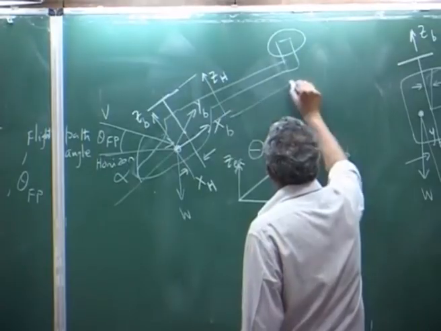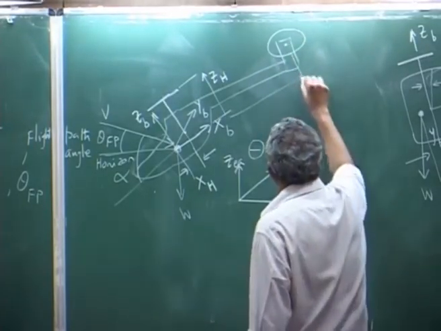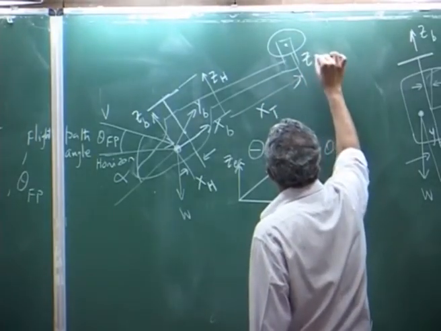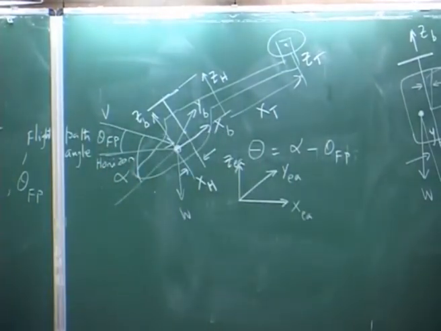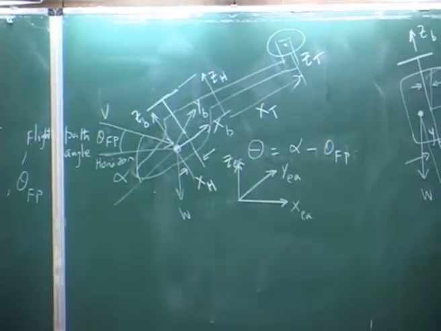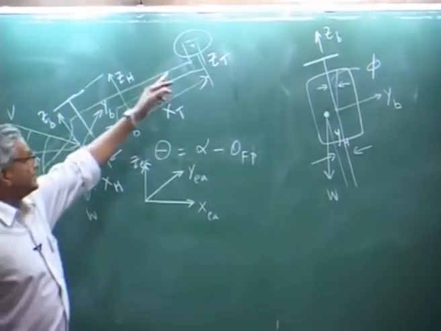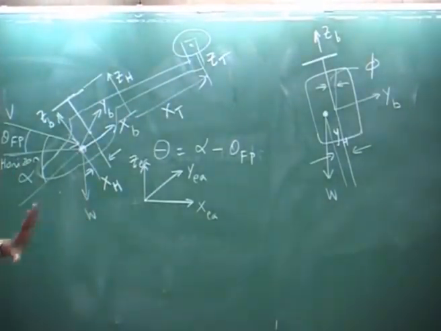Then you can take the tail rotor, this can be x tail rotor, this is z tail rotor, okay. You can have all. That means essentially you have to locate every point. I have not taken any horizontal surface nor the fin, I neglected those things in my simple formulation. Okay.